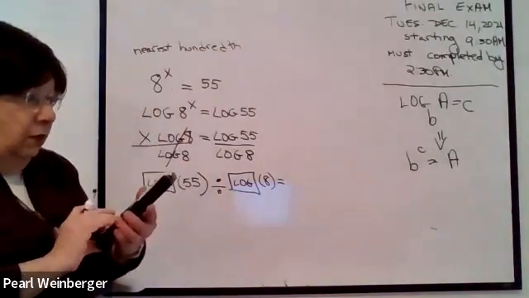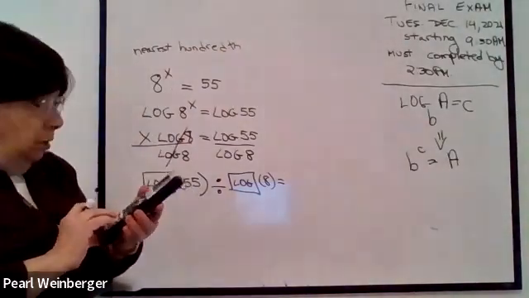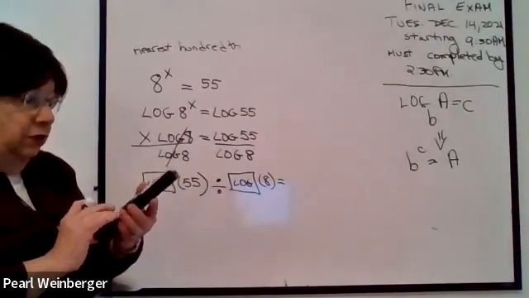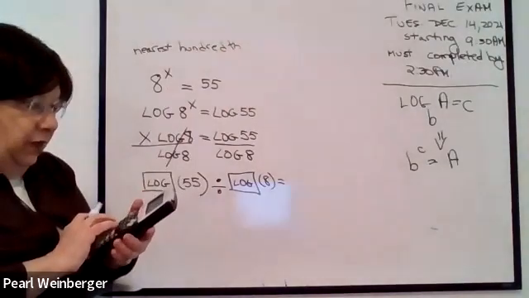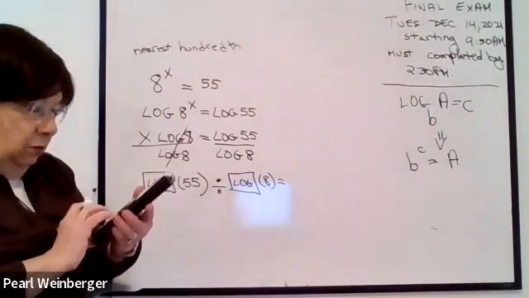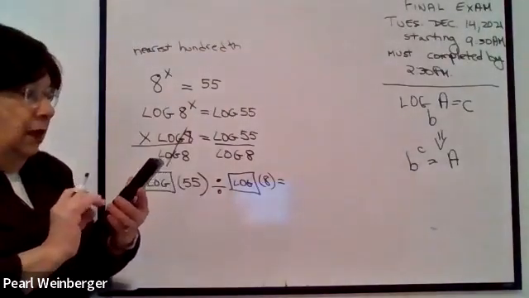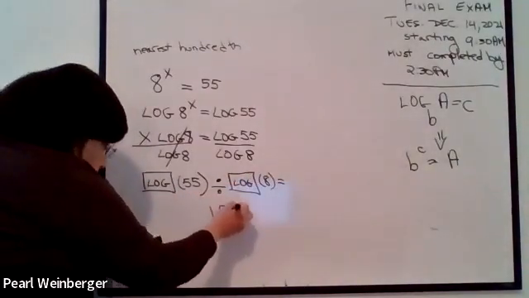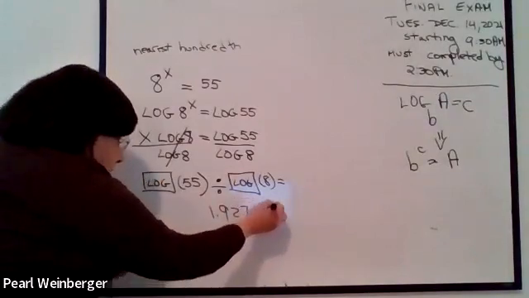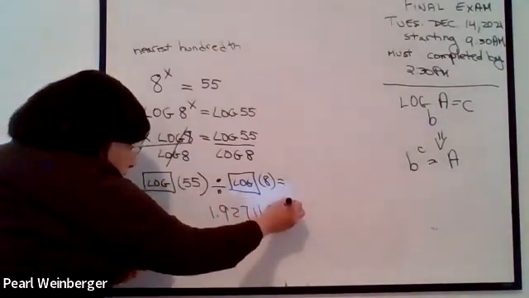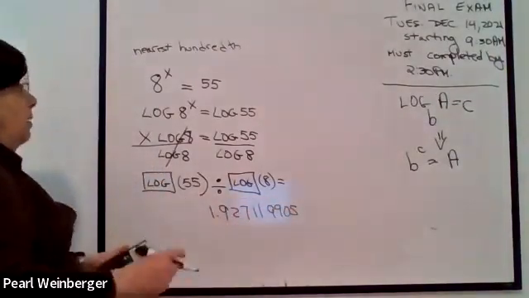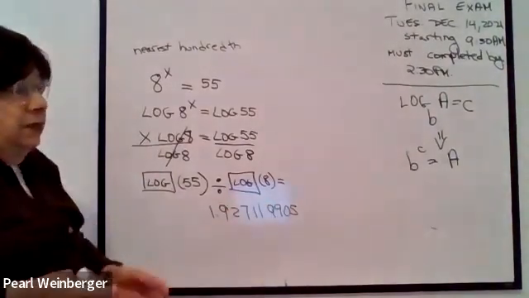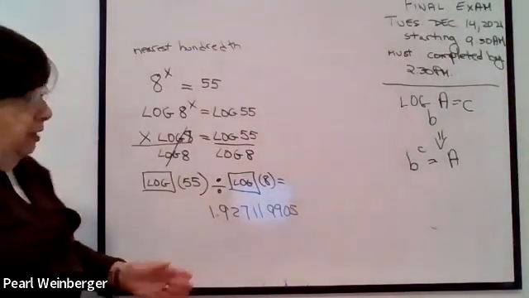So on my calculator, I'm doing log 55, closing that parentheses, and then I'm dividing by log 8. And I get 1.927119905. It probably doesn't even end there, it just stops there because there is no more room on the calculator.